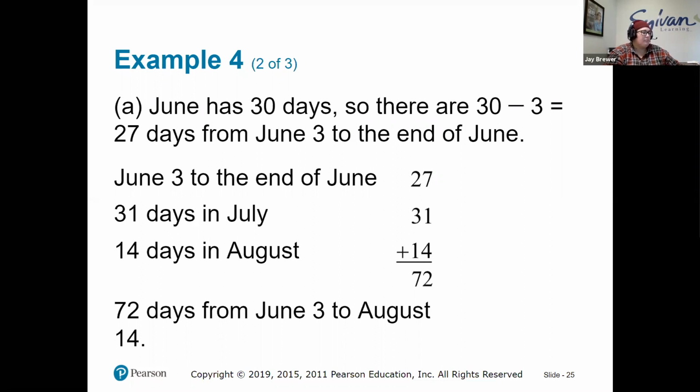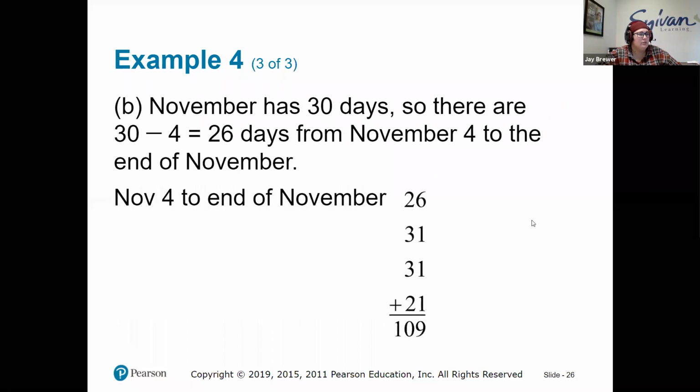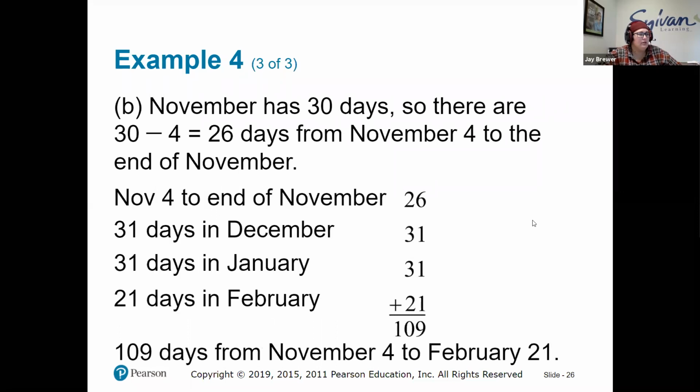All right. Okay, let's take a look at the second one. And again, we were correct on that one as well.